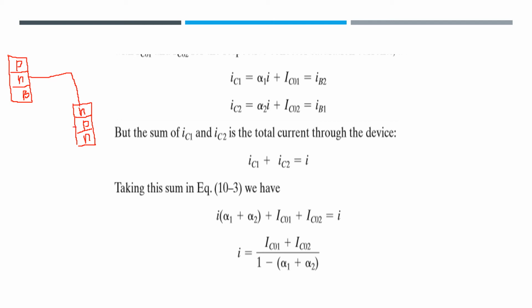Similarly, the base of this NPN transistor is connected here, and we can say that here we have the anode, and here we have the cathode.